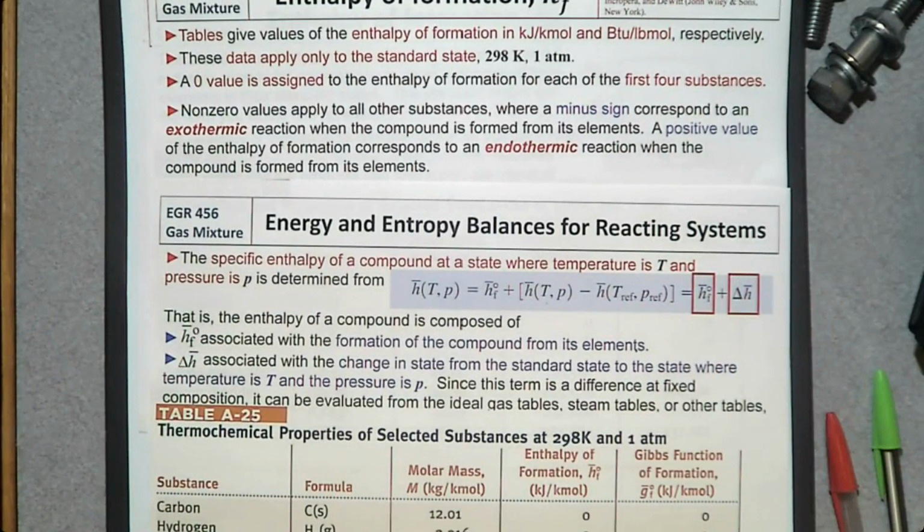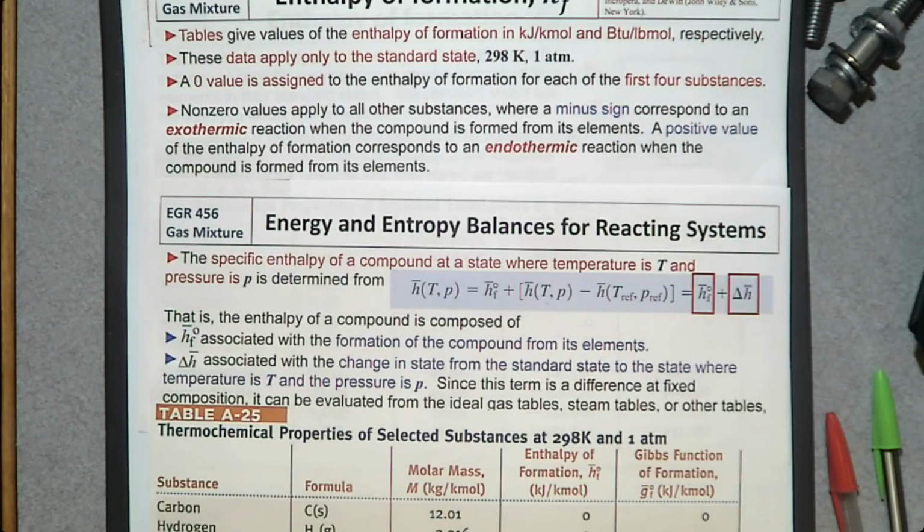The specific enthalpy of a compound at a state where temperature is T and pressure is P can be determined by this equation. The specific enthalpy of, let's say, carbon dioxide can be determined by the enthalpy of formation of carbon dioxide. That's the enthalpy created by burning carbon completely.